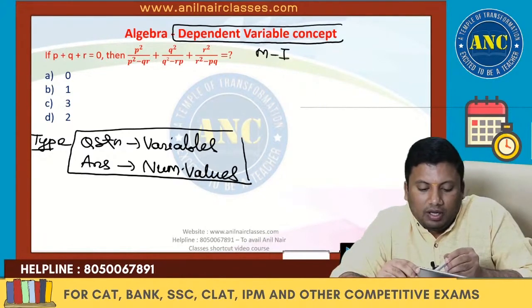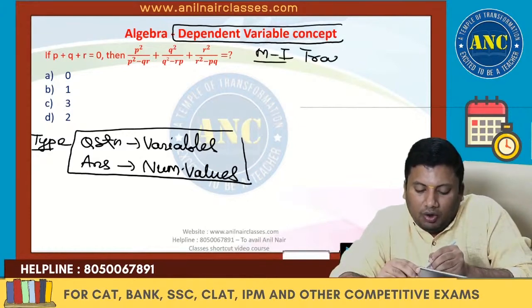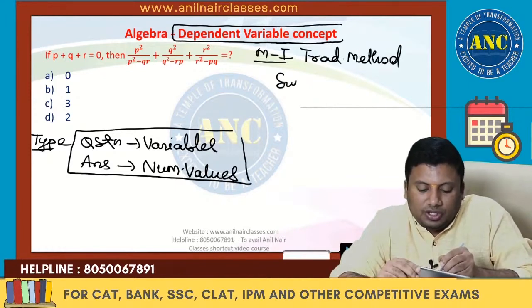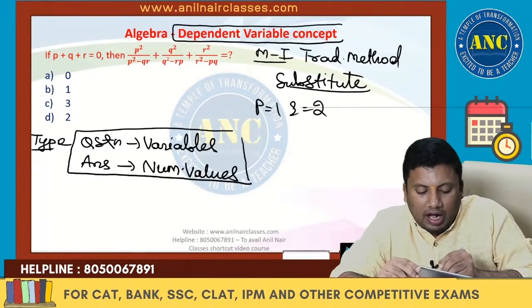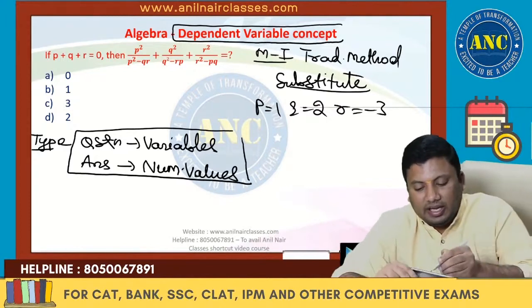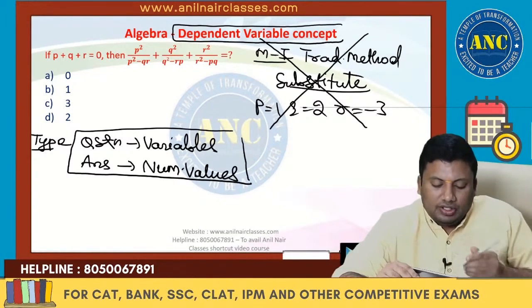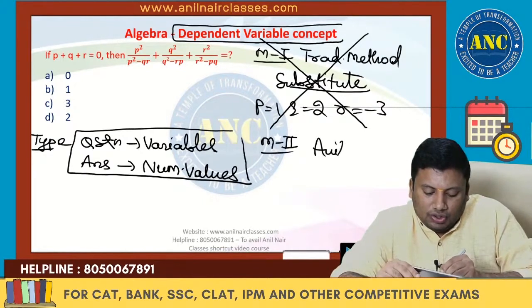Method number 1, what is taught by your local teachers, is to substitute some values, such as P1, Q1, R minus 3. If you substitute, you will get this answer. Method 2 is Anil Nair's way of solving this question.